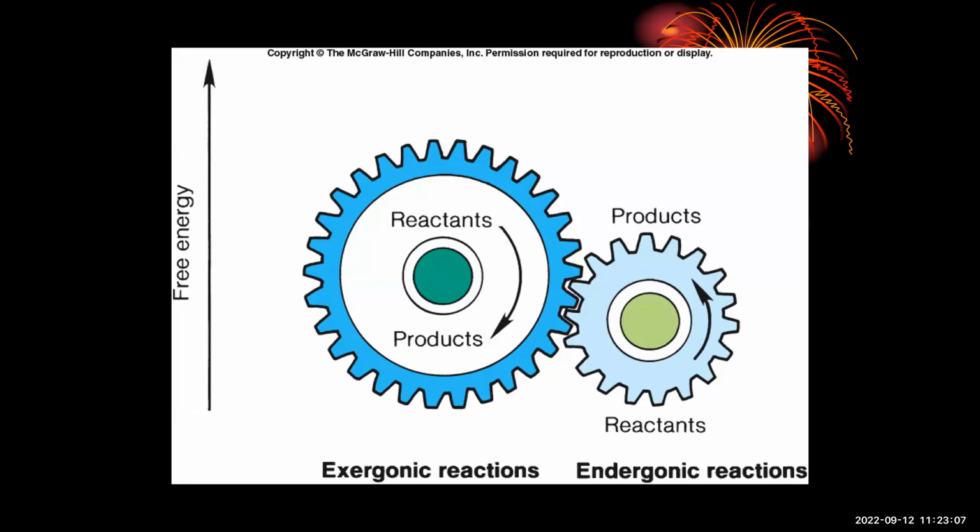You have reactants going to products. Those are your favorable reactions, your so-called exergonic reactions. You couple them to unfavorable reactions, endergonic reactions. Notice that as one wheel moves, its cogs drive the movement of the other wheel, the less favorable reaction wheel. That's how reaction coupling works.